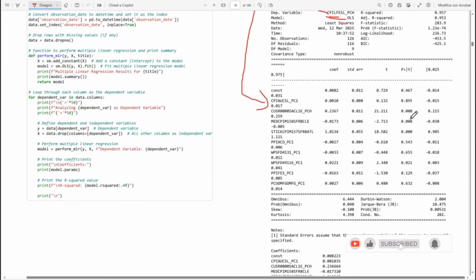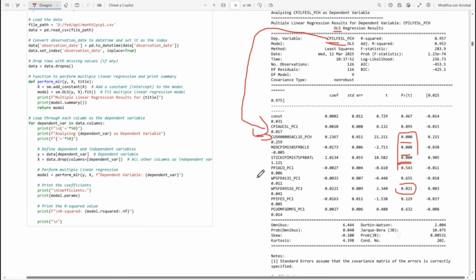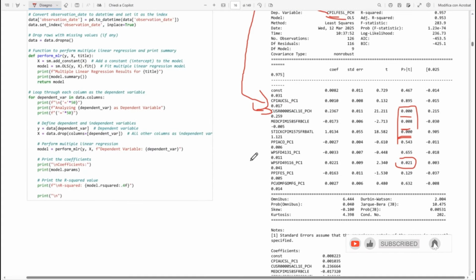So if we take the p-values, those that are more significant, like here and here, then we see that this one is another measure of core CPI, excluding food and energy for all commodities.